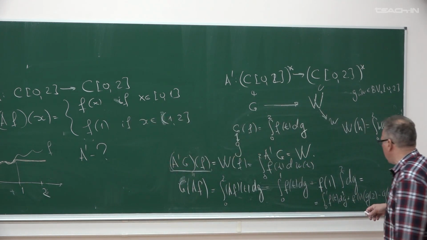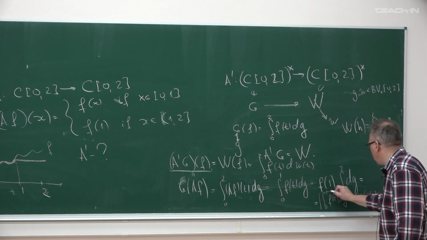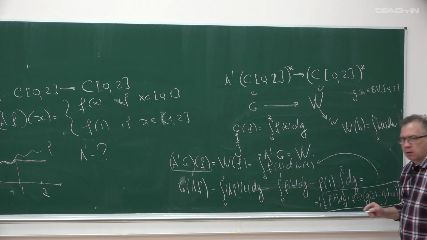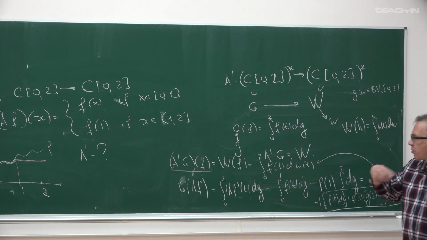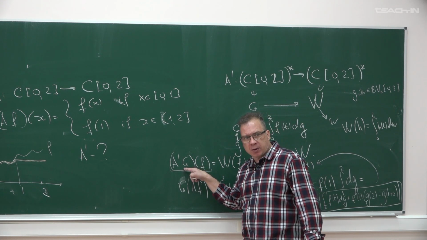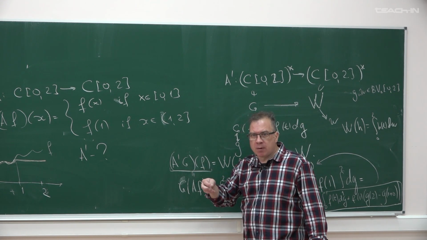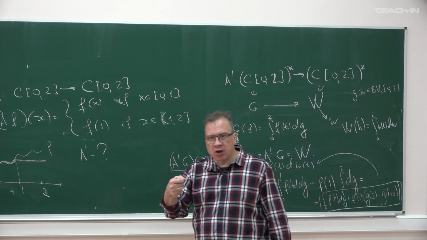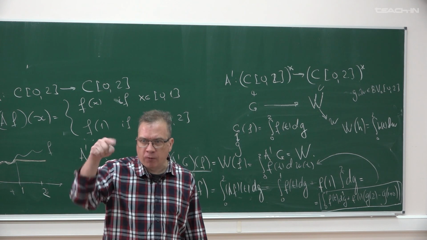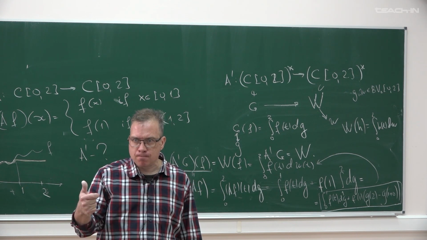This formula must be the same as that formula. Our goal is to describe the functional W capital via the functional G capital, which is the same as describing what happens with the function g small, so we must describe into which function w small it goes.